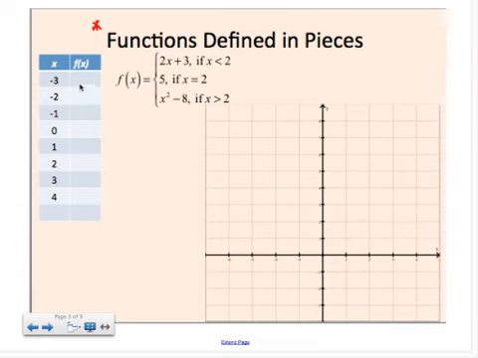Let's go ahead and start by noticing what are the different domains given in this piecewise function. We have one function whose domain is x is less than 2, one function whose domain is x is bigger than 2, and then the middle piece is really just one point, but this is what happens when x is 2.